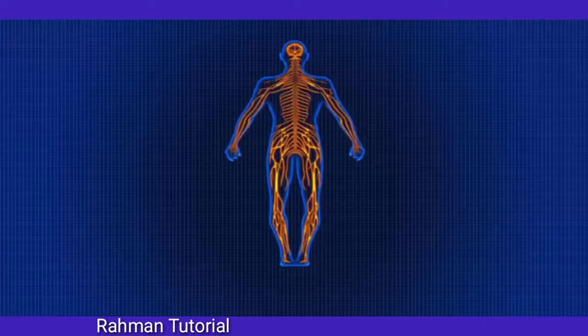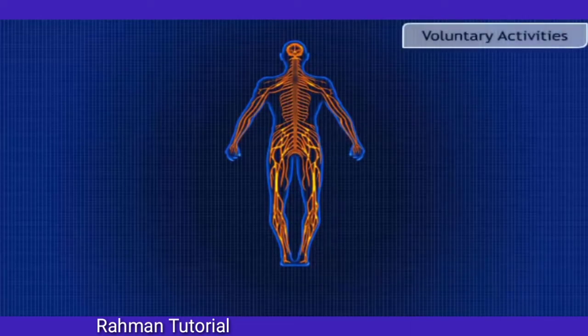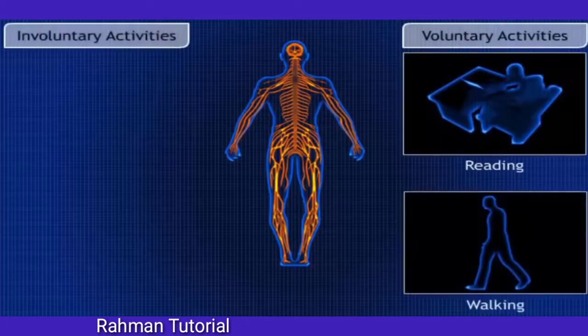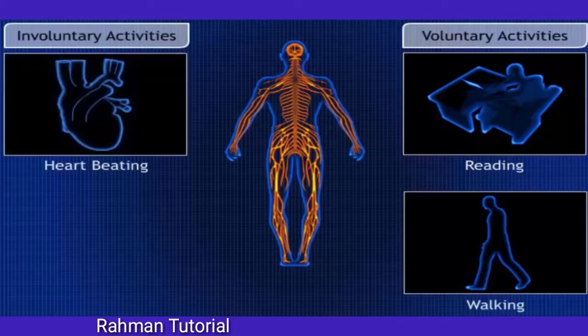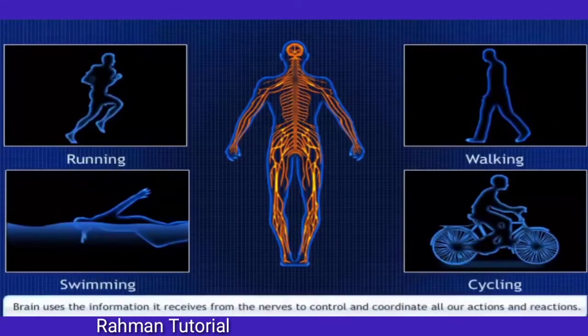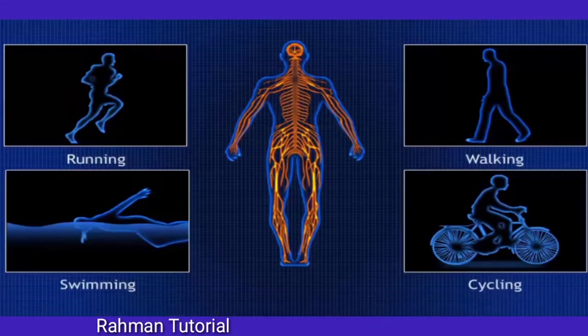The main function of the nervous system is to control and coordinate voluntary activities like reading, walking, and involuntary activities like a heartbeat and breathing. Also, the brain uses the information it receives from the nerves to control and coordinate all our actions and reactions. Without it, we wouldn't exist.